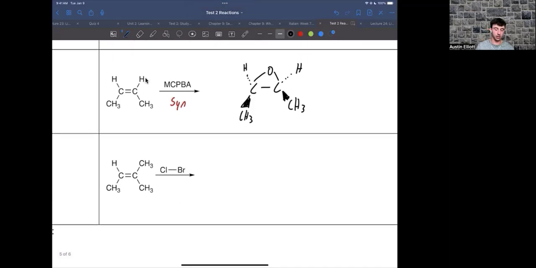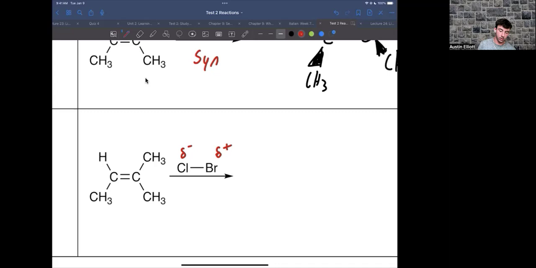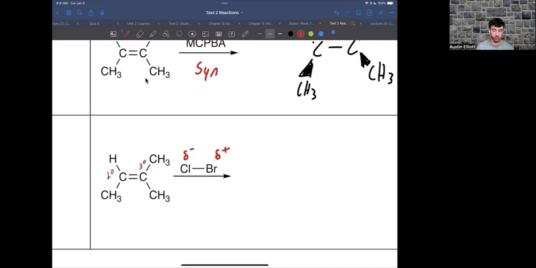So our next one right here is one of the ones I was showing earlier. We're going to look at the difference between the two electronegativities. So if we're looking at electronegativity, chlorine is more electronegative than bromine. So if we're looking at this, right here we have a 2 prime, right here we have a 3 prime. So in this case, our more negative atom is going to add to the 3 prime carbon position.